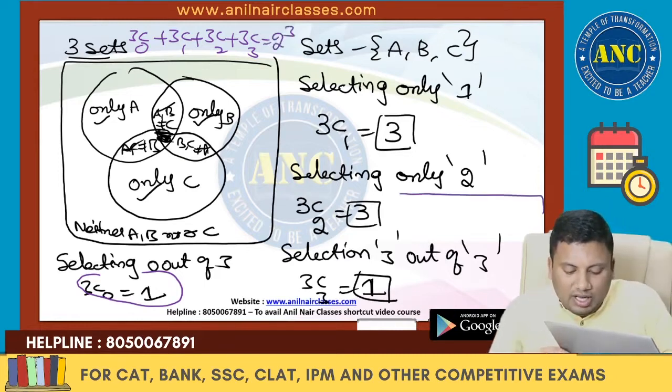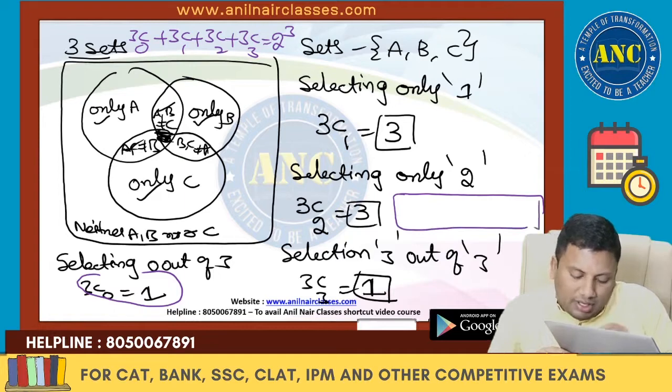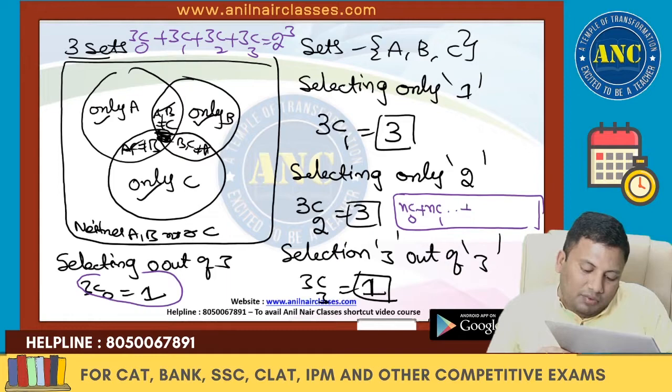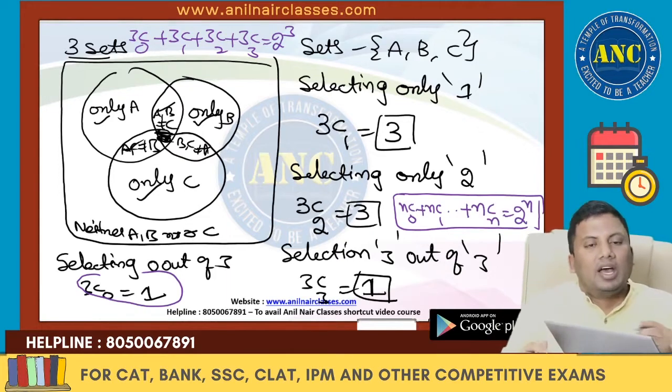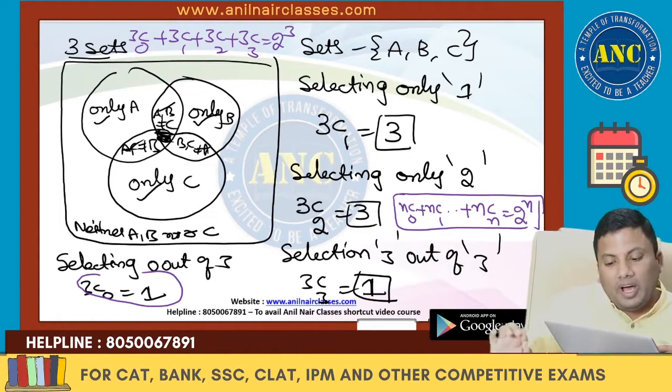Why? Because there is a binomial axiom: NC0 plus NC1 till NCN is nothing but 2 power n. I hope it is clear to you why it is 2 power 3, 8 regions we got.